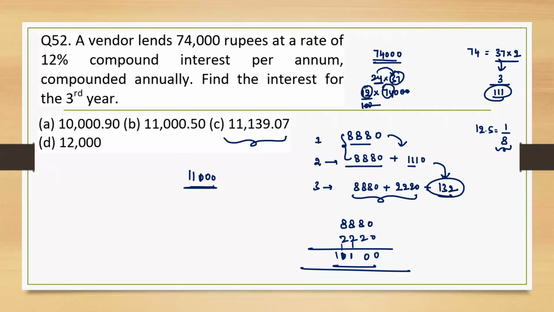I'm taking 12.5% now, so I'm getting a little more extra. But my answer should be less than what? 11,100 plus 132, so that's going to be 11,232. A little less than that, not much less than that. So you can't accept 11,000, because the moment you take just this one and this one, you're already getting 11,100. So it's going to be a little less than 11,232, which is 11,139 you can accept.